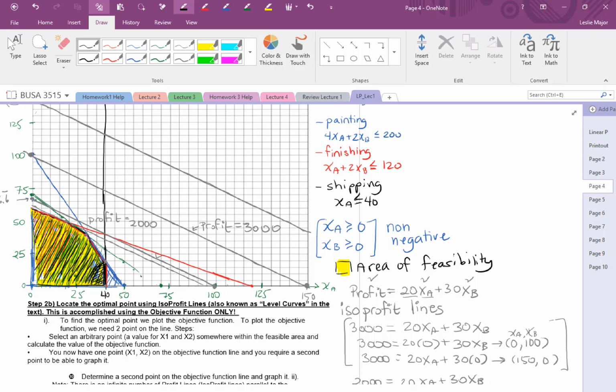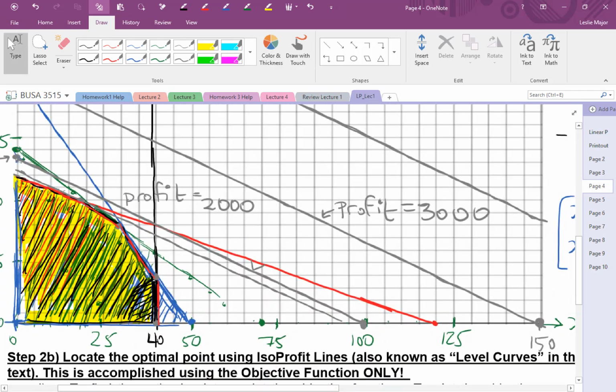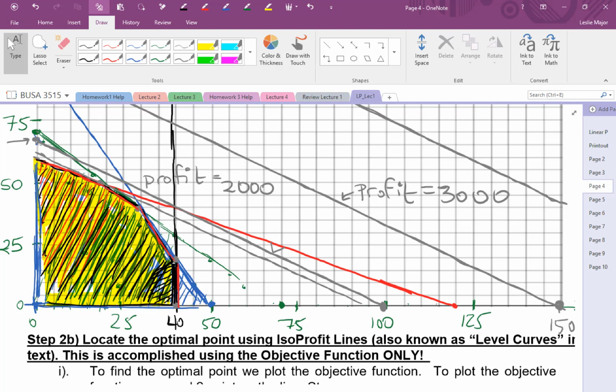So what we do is keep graphing the profit until we touch the outer edge of the area of feasibility. You can keep making lines until that happens, and hopefully you can see as I'm going, the isoprofit line first touches this point right here as we drop the profit down.